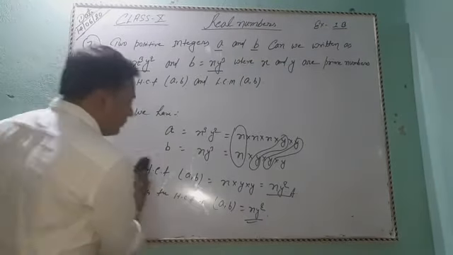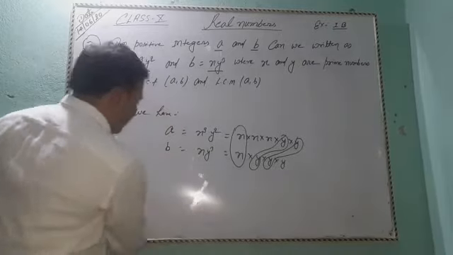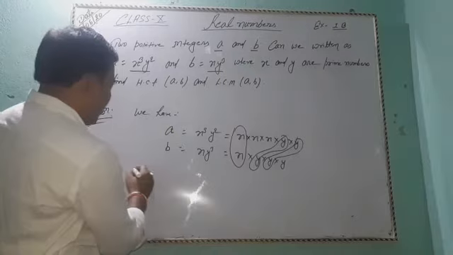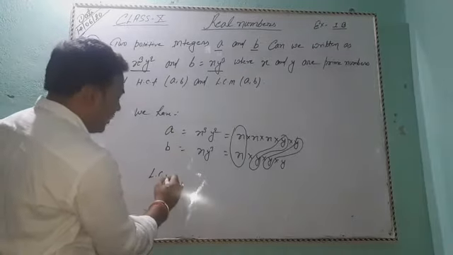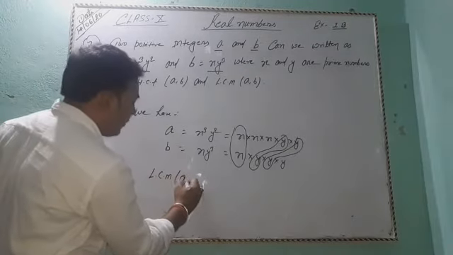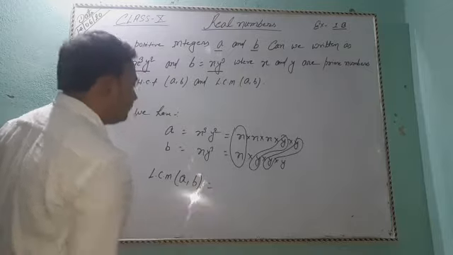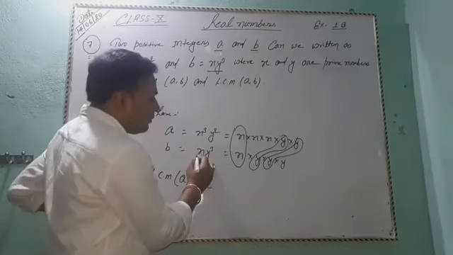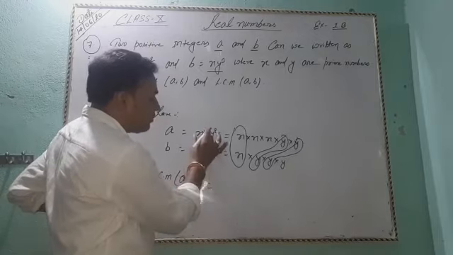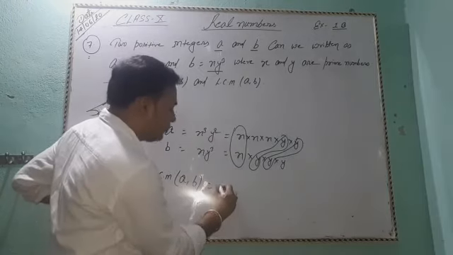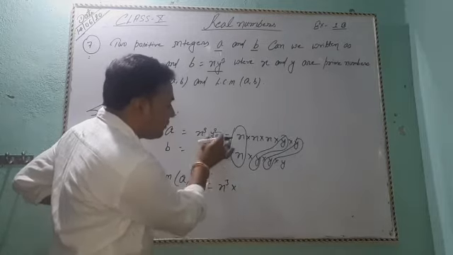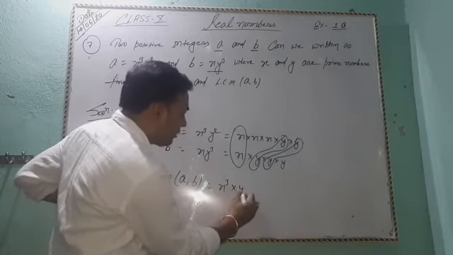Next, find the LCM. LCM of a, b equals the maximum power. So x to the power 3 and x to the power 1, so we write x to the power 3, multiplied by y to the power 3 and y to the power 2, it means y to the power 3.